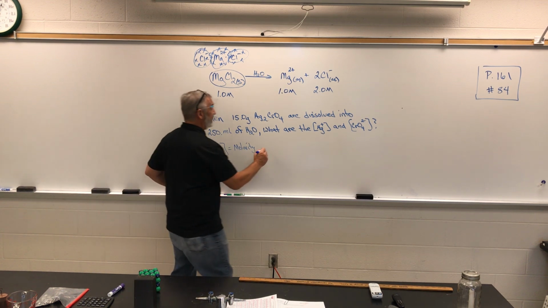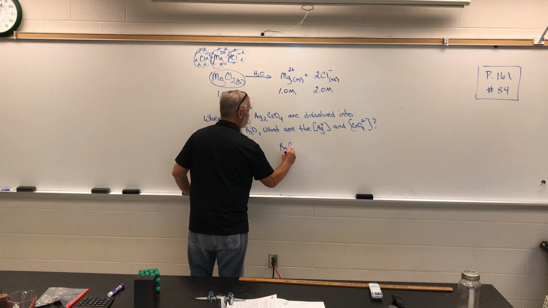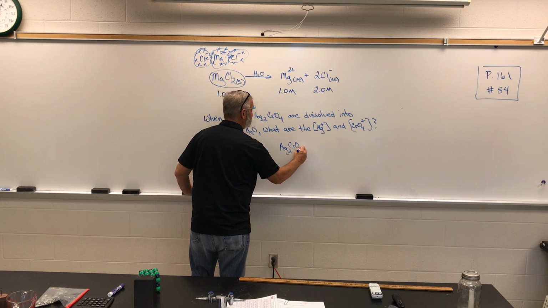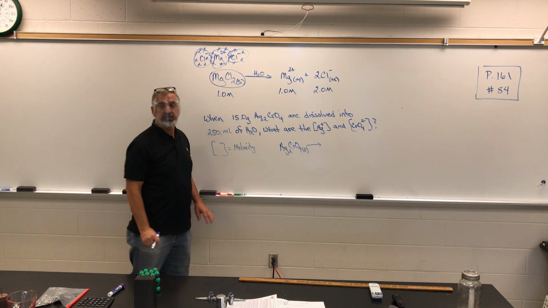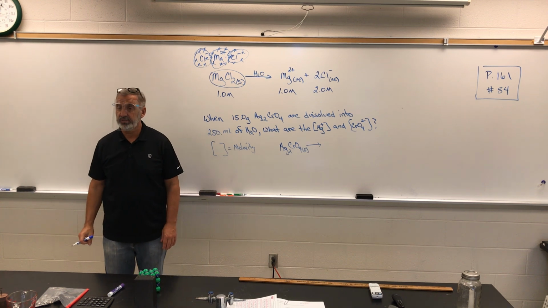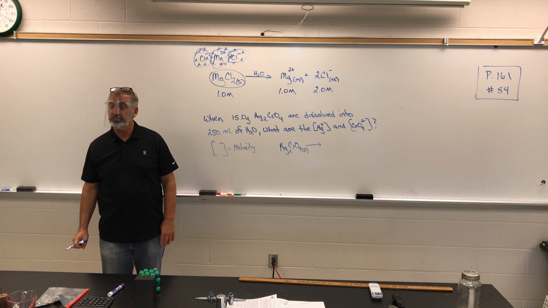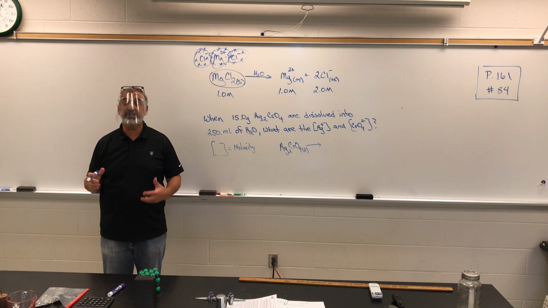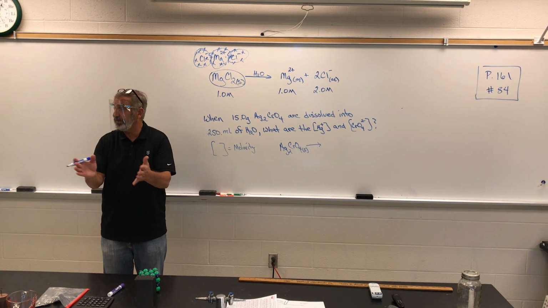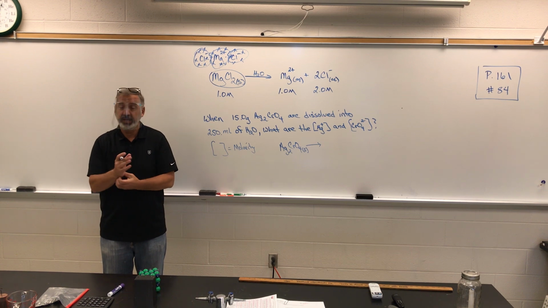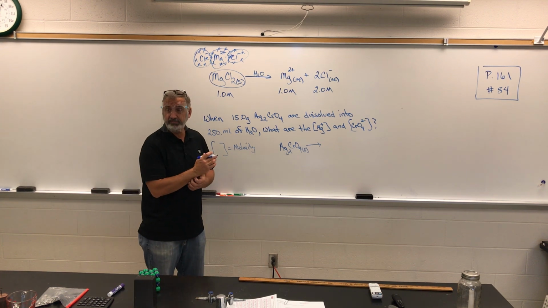Write the equation. So Ag2CrO4 solid, what's that going to dissociate into? What's the charge going to be on Ag? And again, it's going to dissolve as ions. By definition, an ion is a charged particle, so you have to have the charge on it. Ag is +1, so we're just going to get one of them.